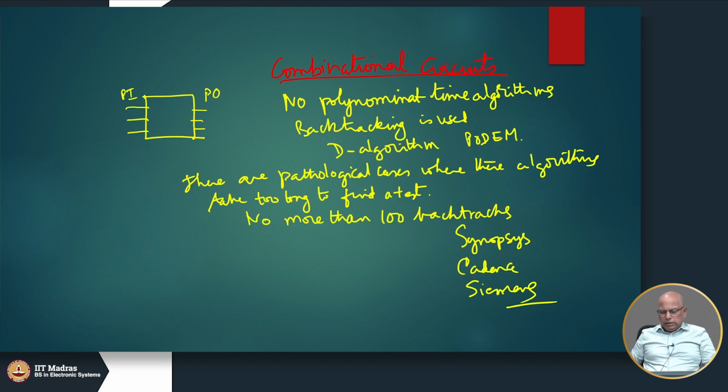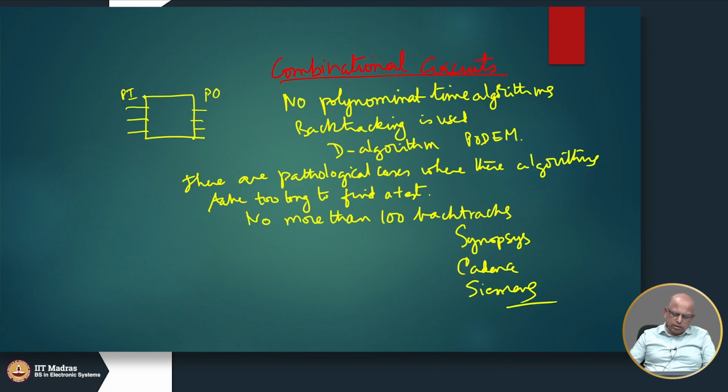As a result, sometimes there may be a situation where some tests are considered aborted, meaning it says no, I couldn't find, within the time you allotted, a test vector.